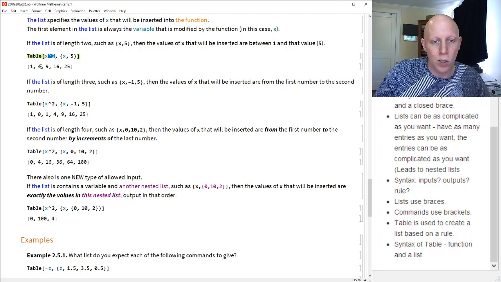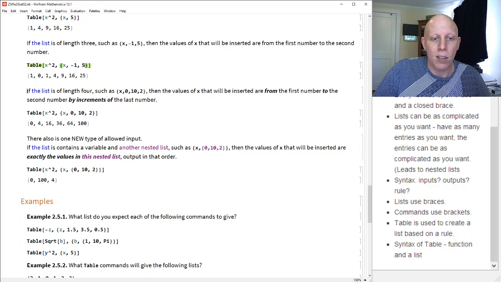So that's 1 squared, 2 squared, 3 squared, 4 squared, 5 squared. If the list has length 3, so a variable and then two numbers, this works like Range of -1 to 5. So this would be -1 squared, 0 squared, 1 squared, 2 squared, 3 squared, 4 squared, 5 squared.